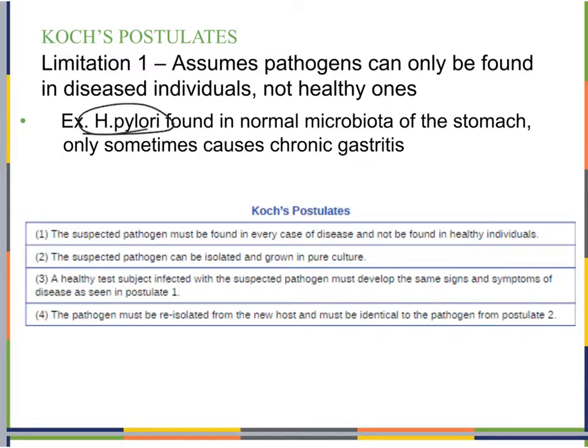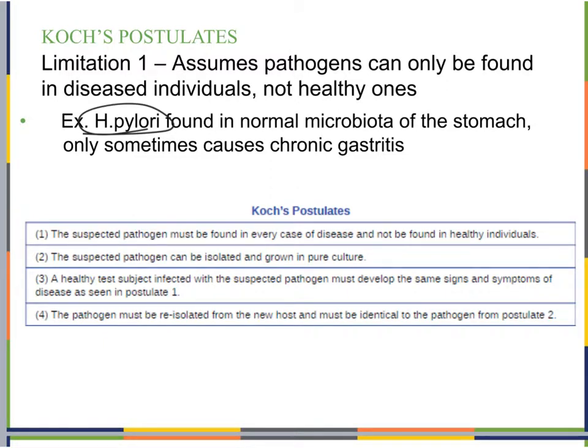So for example, H. pylori is just found in the normal microbiota of the stomach. And sometimes when it overpowers everything else there and it multiplies and multiplies, then that's when it's going to cause chronic gastritis. So in that case, we couldn't say, okay, this person has a stomach problem, they have this causative agent, I think that's what's causing the stomach problem.